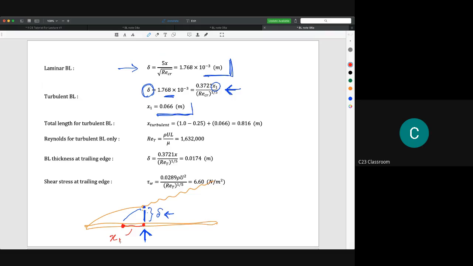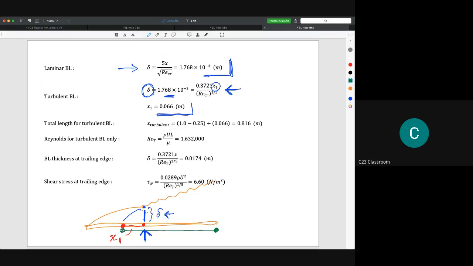Why do we need to calculate x1 here? Because we need to know the total length from here to the end of this plate. If we want to use the turbulent boundary layer, we need to make sure the length starts from the origin. So this is the imaginary origin for the turbulent boundary layer in this case.